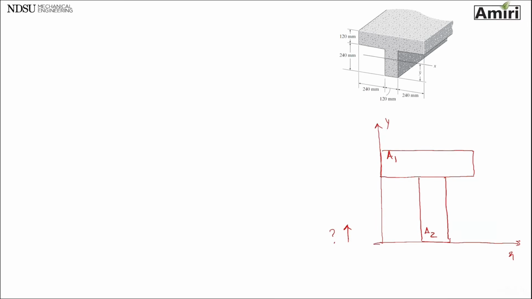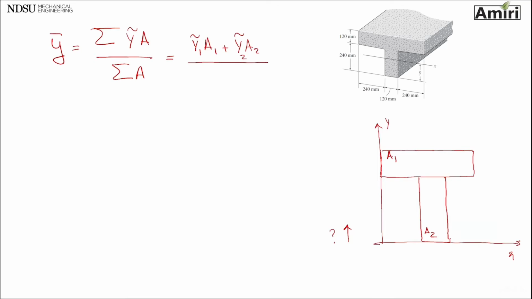The equation that I have for y bar is summation of y tilde times area, over summation of area. So basically, because I have 2 areas, y tilde 1 area 1, plus y tilde 2 area 2, divided by area 1 plus area 2. Area 1 is going to have y tilde 1, area 2 is going to have y tilde 2. So let's figure each of those.